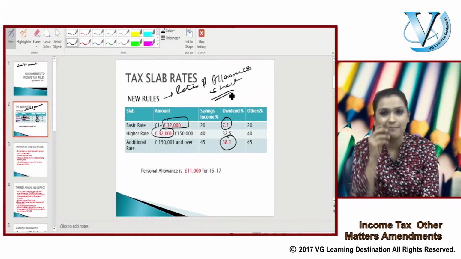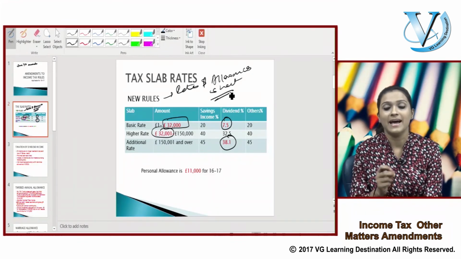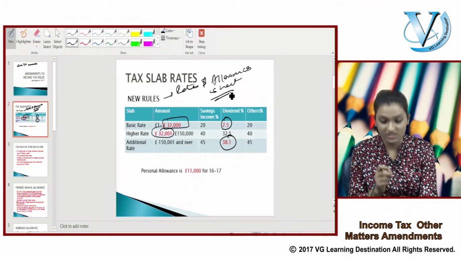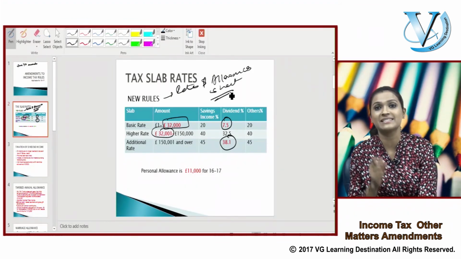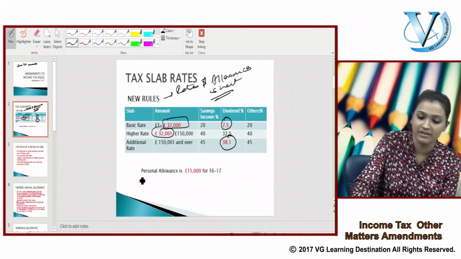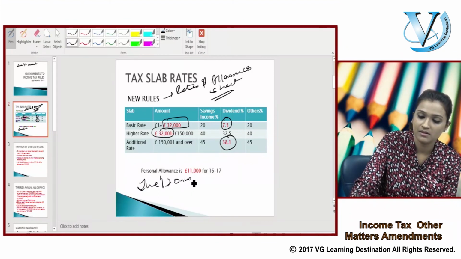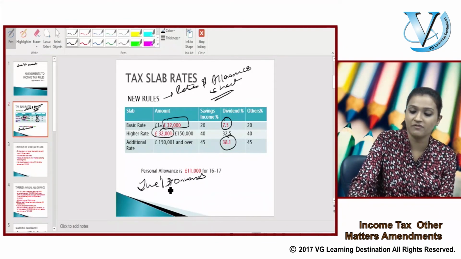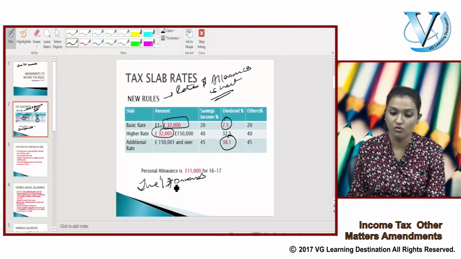So if there is absolutely any confusion that you have, you can always refer back to your rates and allowances sheet. Remember, these amendments are applicable for the tax year 16-17. So if you are sitting for your exam June 17 onwards, these are the figures that you need to consider in the rules that we've done so far.